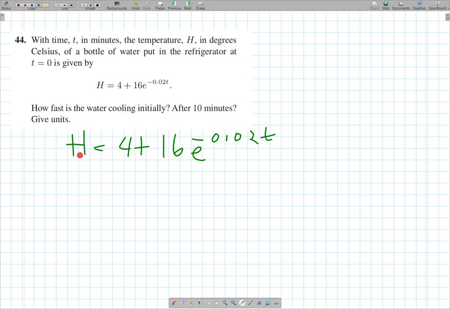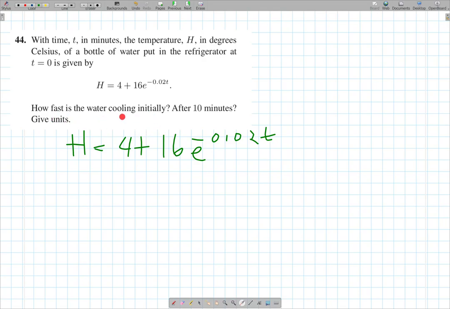H means temperature measured in Celsius. And then the other variable t is, what is that? T, of course, is time measured in minutes. Okay? So he is asking, class, how fast is the water cooling initially?